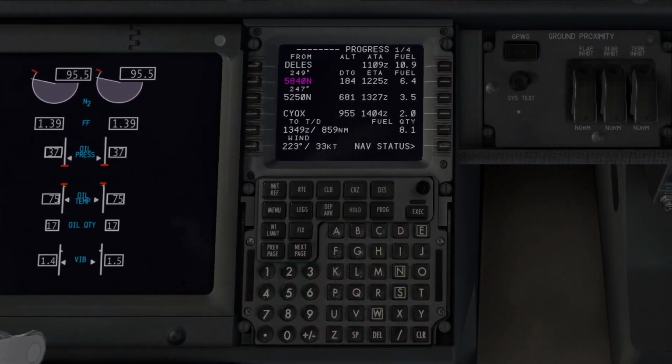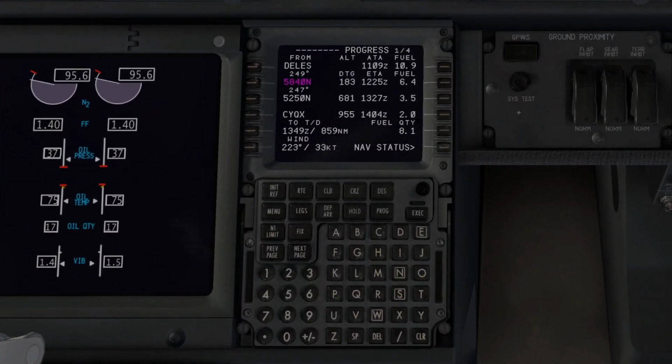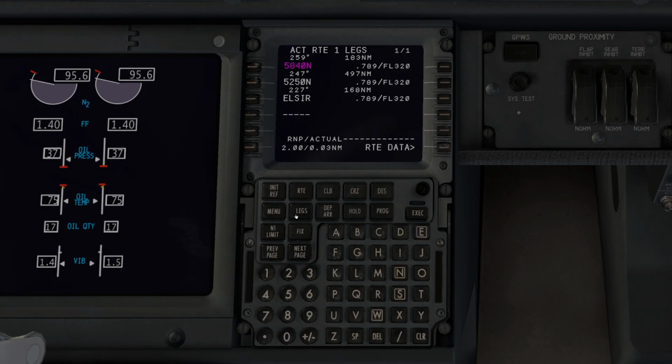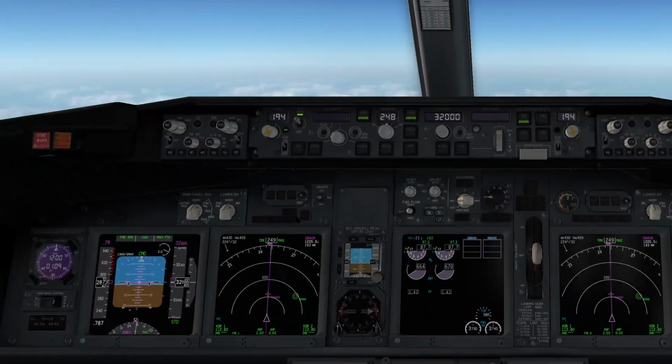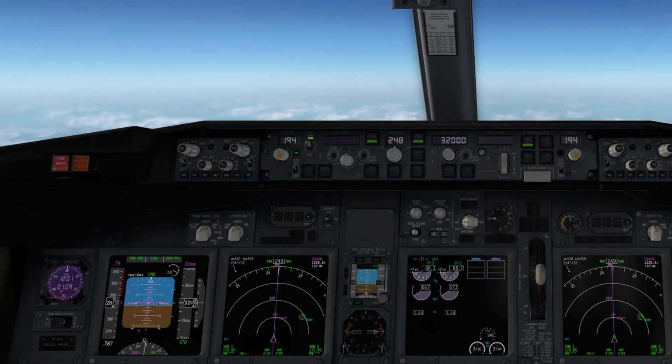Fuel, we will land with 2 tons of fuel left, as we have really a strong wind for the time being. 32 knots headwind mostly, and it will still increase a little, so we shall see. See you when we are close to Elsyr for the arrival. Bye.